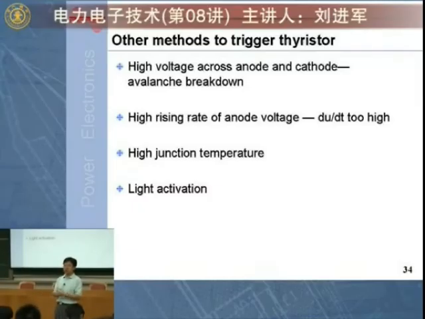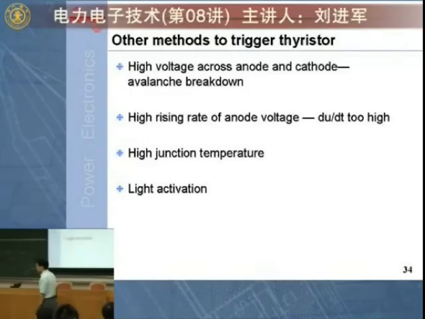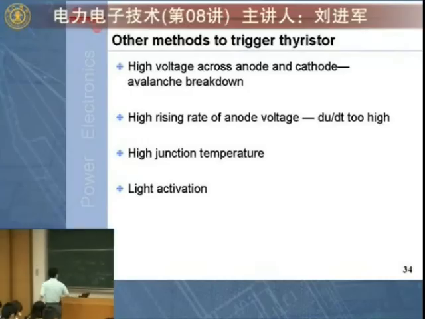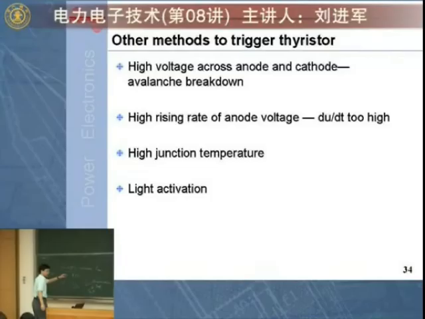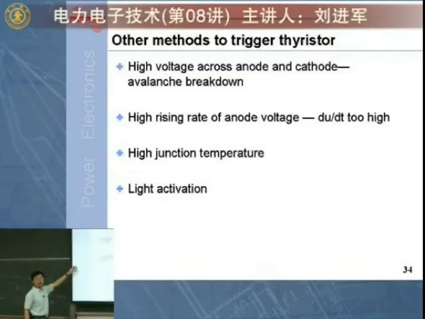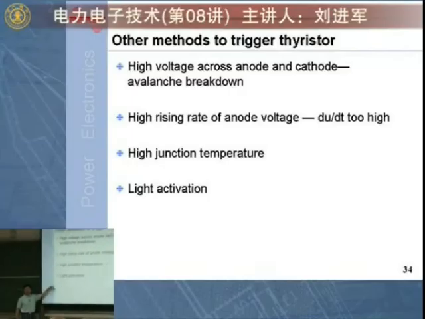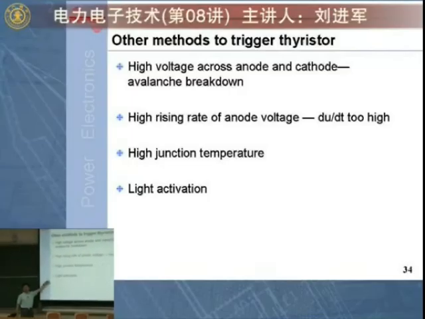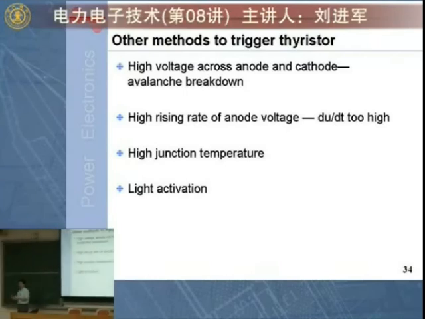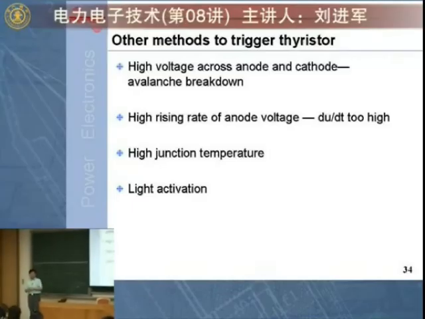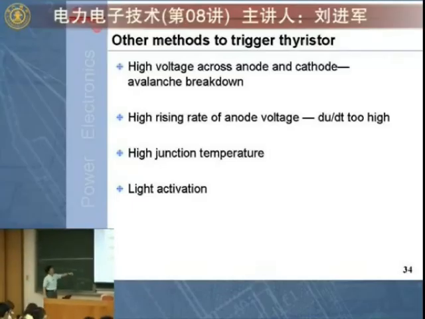In that way, you can turn the thyristor on. But actually, there are other methods to turn the thyristor on other than injecting gate current. These are the methods that we usually want to avoid. We do not want a thyristor to be turned on in this way, because these are the things we cannot control. We want to turn the thyristor on through the gate terminal, through injecting gate current. So these are the things we want to avoid.